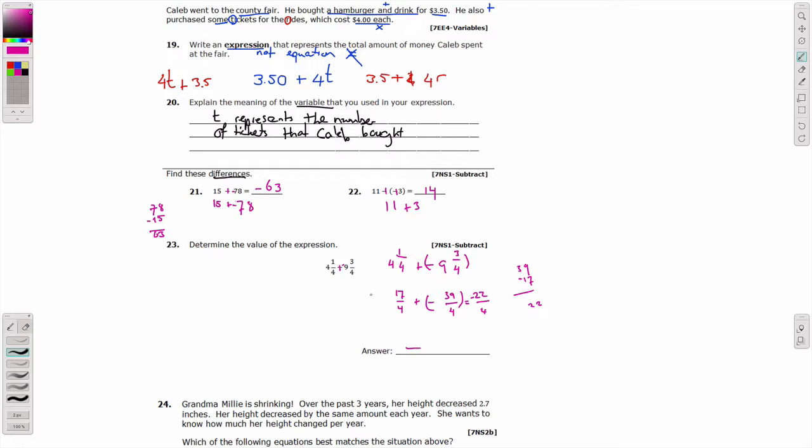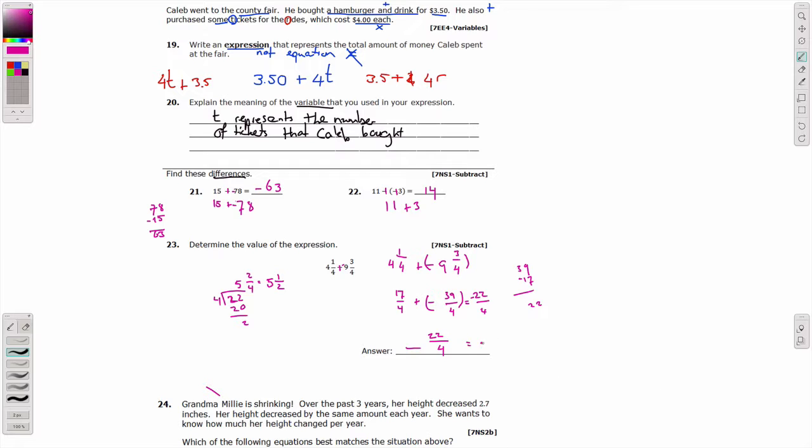Now I've got an improper fraction, negative 22 over 4. And you can leave it as an improper fraction. That's actually okay. Or you can simplify it. You can divide to make it a mixed number. 22 divided by 4, 5 times 4 is 20, 2 remaining, so 5 2/4, which is equal to 5 1/2.